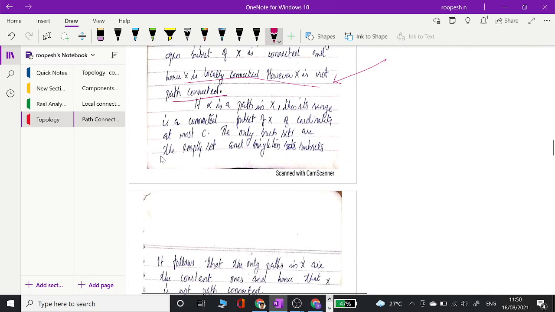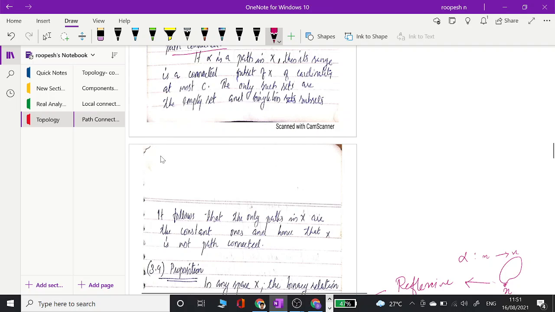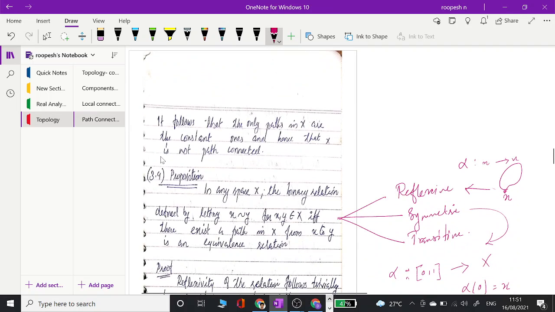Just like the cofinite topology, something like that, you take a set of cardinality greater than the cardinality of the real numbers, right? Then you define a topology in the same manner. Next, what you have seen is that being path connected is an equivalence relation.